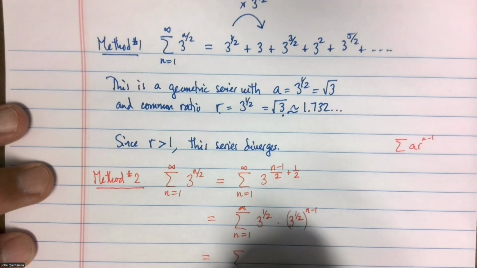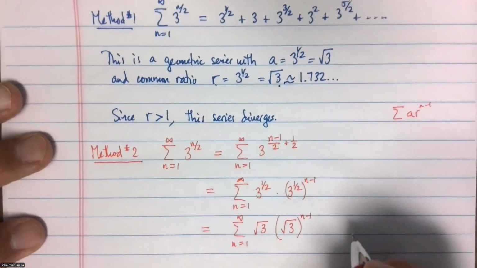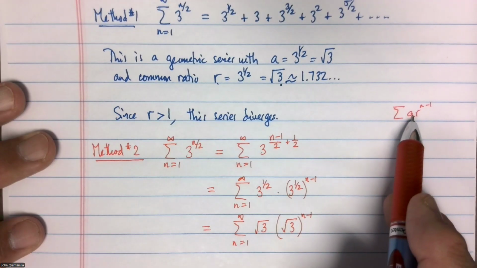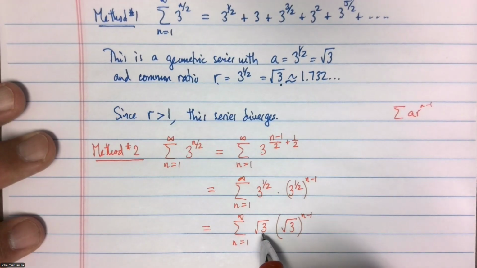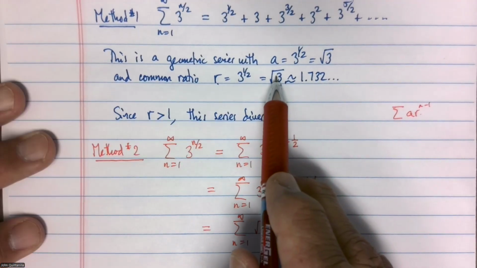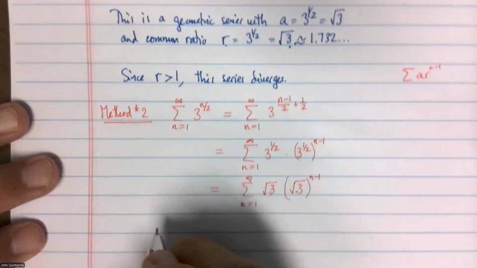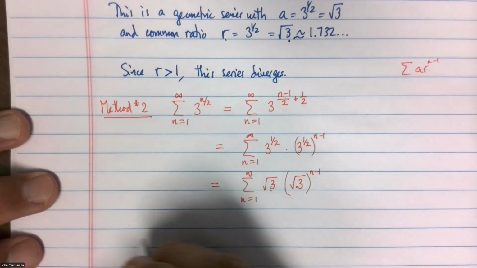And so I get the summation from n equals 1 to infinity of the square root of 3 times the square root of 3 to the n minus 1. And now this exactly matches the form that I expect. My a is square root of 3, as I saw before, and my common ratio is square root of 3, as I saw before. And so I have the exact same conclusion I had before.